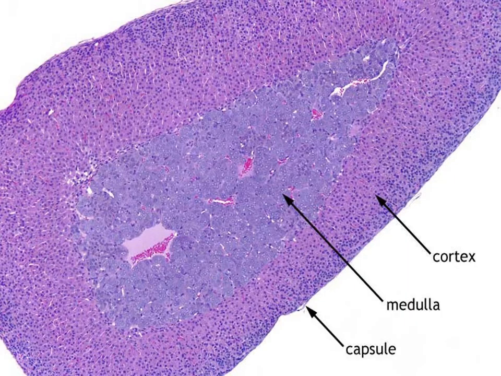Well, this rather nice micrograph shows the clear difference in the histology between the adrenal cortex and the inner adrenal medulla. Now, hydrocortisone is the main glucocorticoid produced by the adrenal cortex. And these hormones are called glucocorticoids because they're going to affect glucose and carbohydrate metabolism.